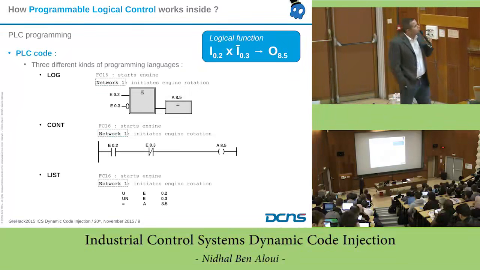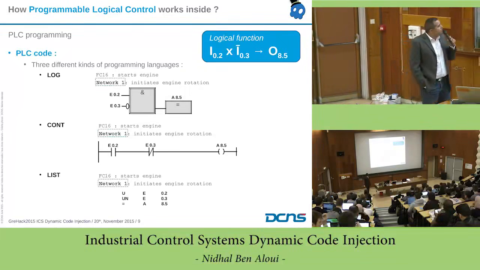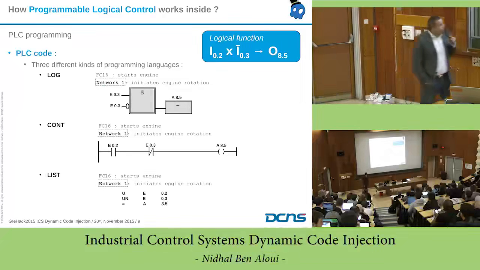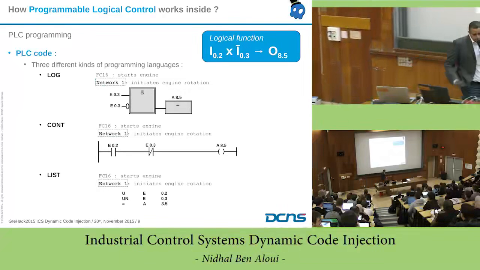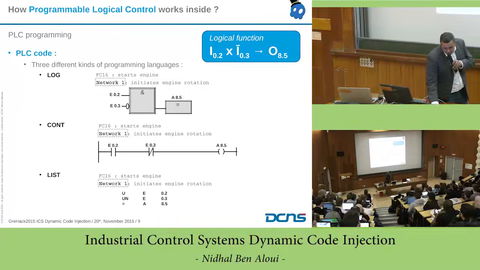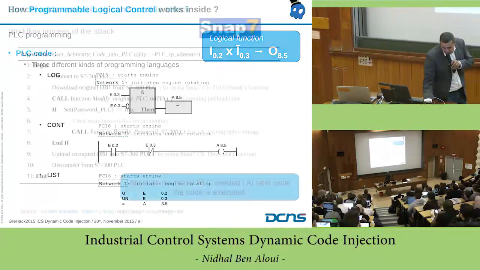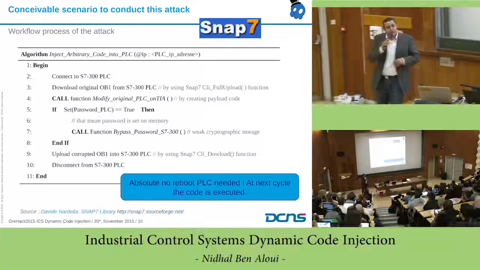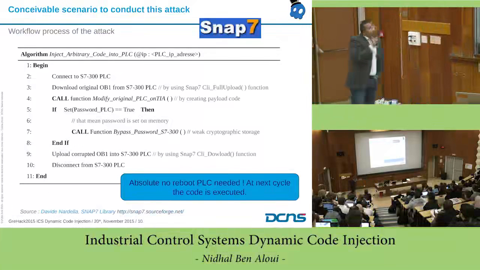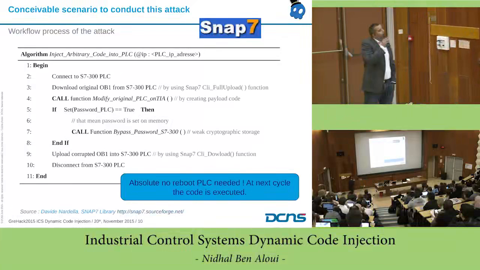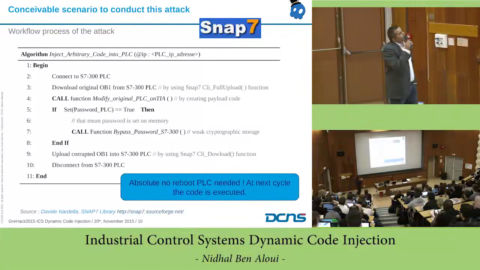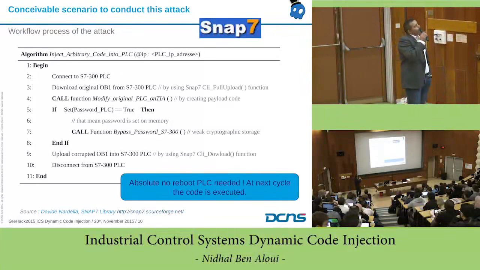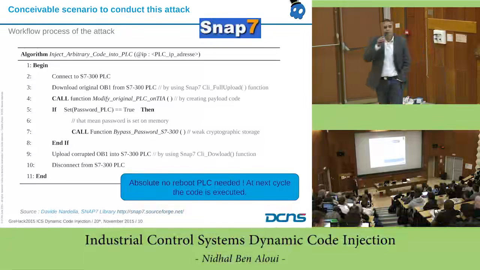We have the contact development, like electrical development, and the list, like assembly. And here we propose the algorithm which we use to inject the dynamic code through the PLC.